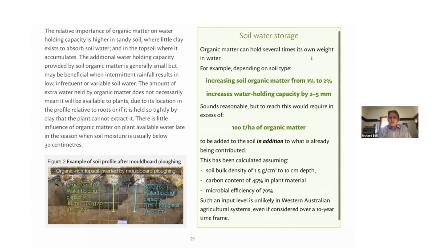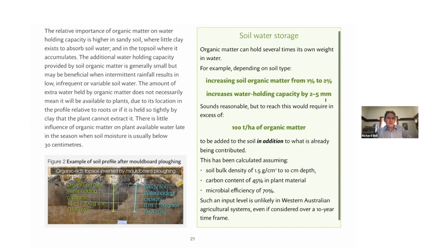Storage of water in the soil is one of the functions of organic matter, because organic matter can hold several times its own weight in water. So if we were able to increase the organic matter content of a soil from 1% to 2%, we would hold an extra 2 to 5 millimeters of water in the soil.